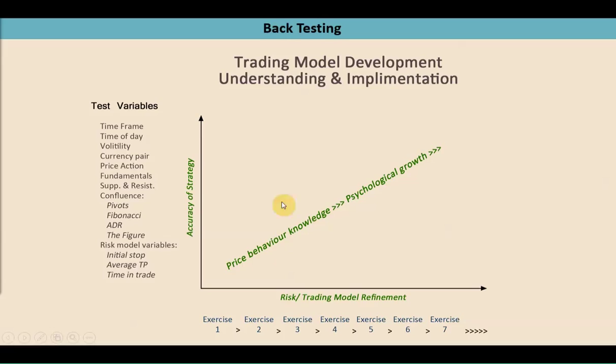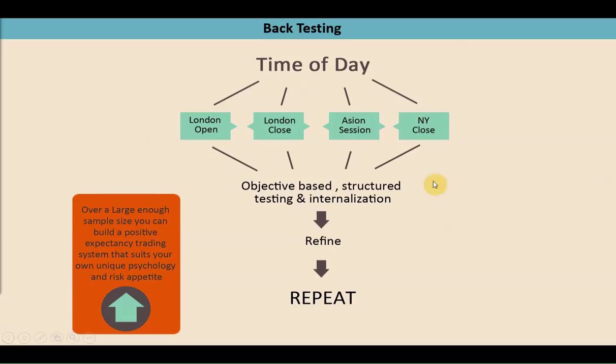So if we pick, say, just one of these examples, such as time of day, we can then test different variables within time of day. We can look at exactly what price is doing in relation to our strategy on London open, for example, London close, the Asian session, the New York close.